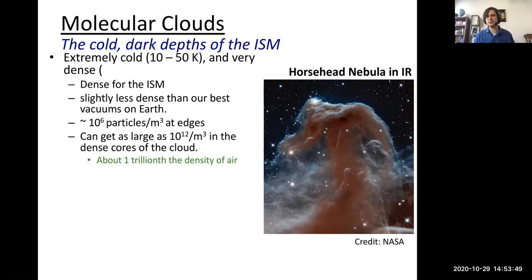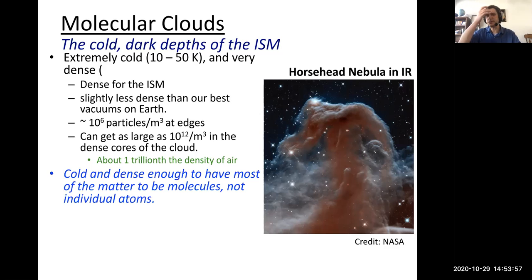We have temperatures that are 10 to 50 Kelvin. That's getting really close to that zero mark of absolute zero. So these are cold and dense enough for chemistry to happen, and you can form and maintain molecular bonds. All the other spaces in the ISM, there's not high enough density and it's too warm where the molecular bonds will get broken.